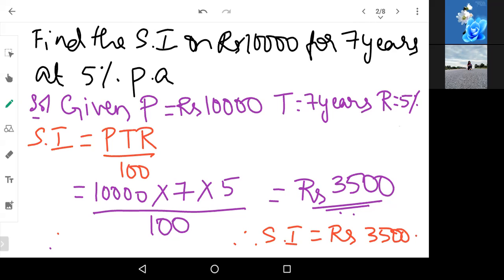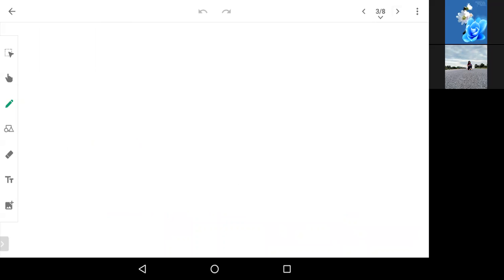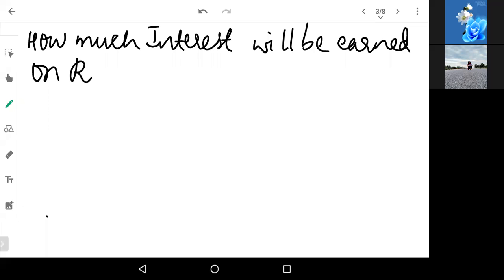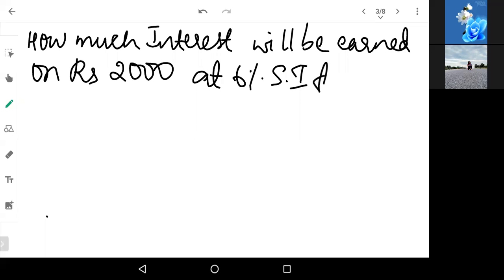Okay. Now moving on to the next question. We'll solve one more similar question. How much interest will be earned on rupees 2,000 at 6% simple interest for 2 years?